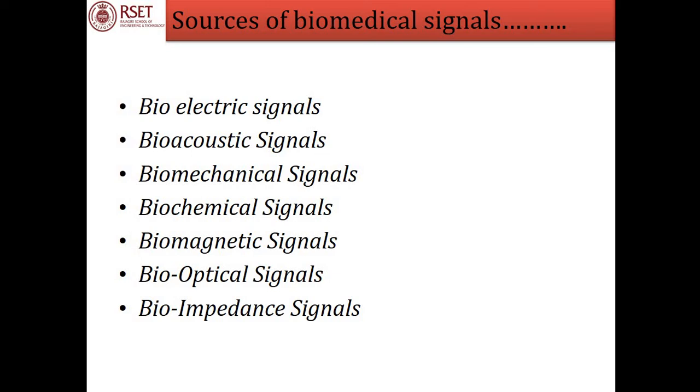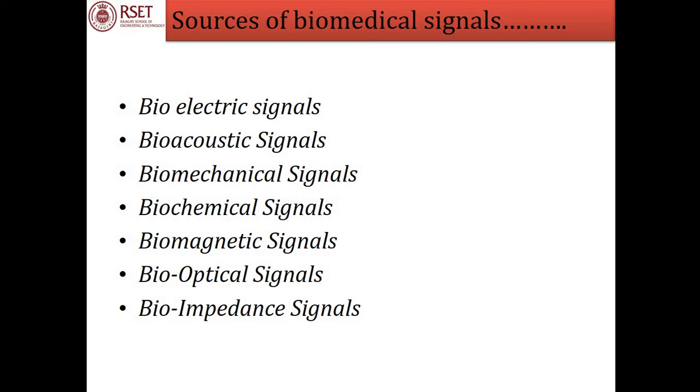We may find biomechanical signals, which give an idea about the mechanical function of the biological system. Especially, they include the types of motion, the displacement of the signals, the pressure and flow signals, etc. The biochemical signals are obtained as a result of chemical measurements from the living tissue or from the samples analyzed in the laboratory.